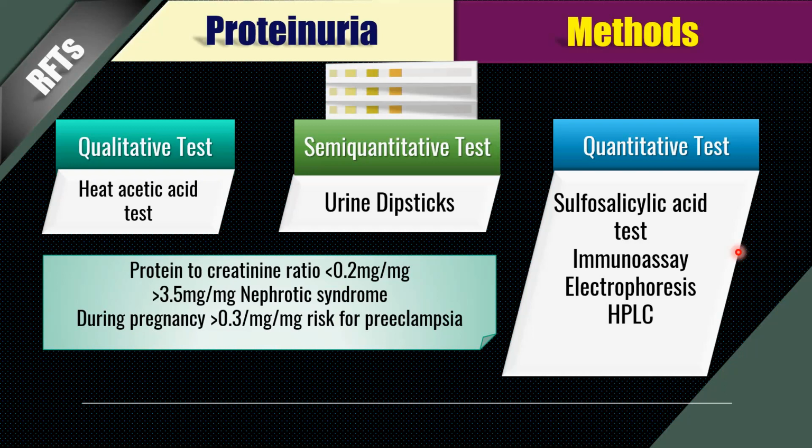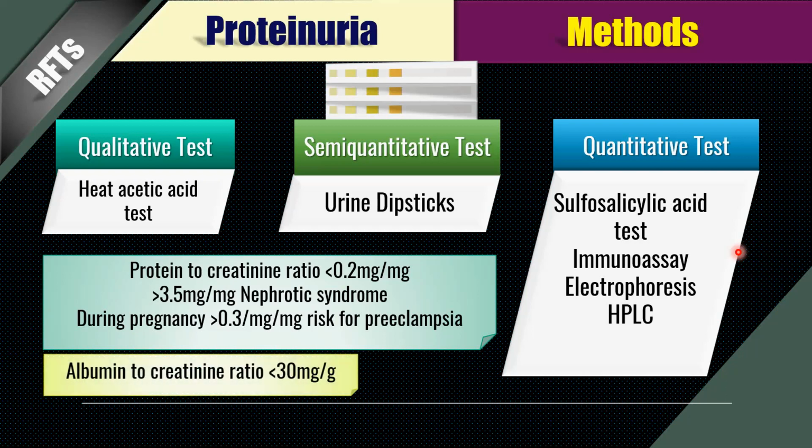If the protein creatinine ratio is more than 3.5 milligram per milligram, then it is suggestive of nephrotic syndrome. It might be due to other disease, but in nephrotic syndrome we will see massive proteinuria. And in pregnancy, if the protein to creatinine ratio is more than 0.3 milligram per milligram, then it is a risk for preeclampsia or hypertension during pregnancy.